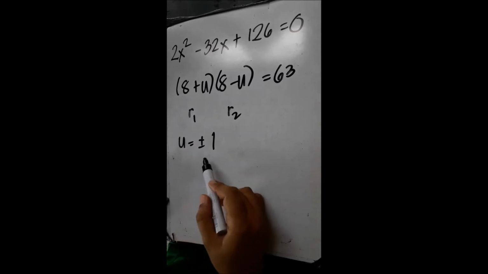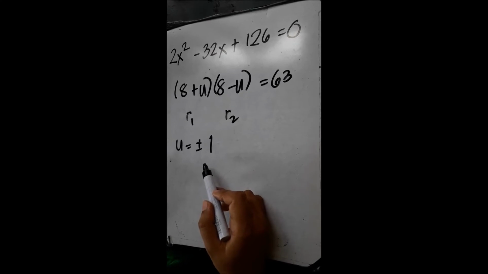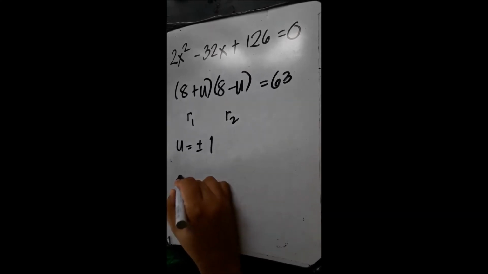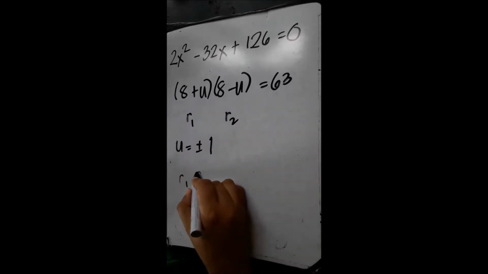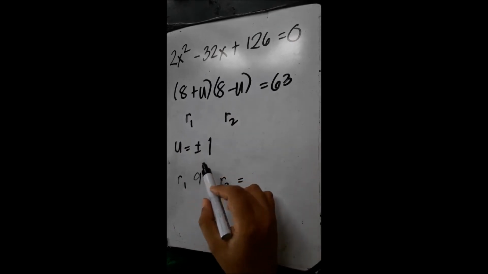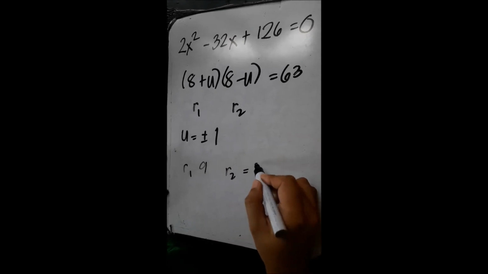With a u of plus or minus 1, although we will just be taking the plus 1, we can get the roots. So we have root 1 there, 8 plus the u 1 will give us 9, and root 2 is equal to 8 minus 1, which is 7.